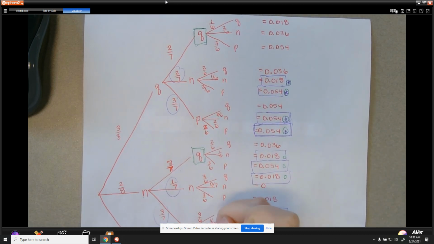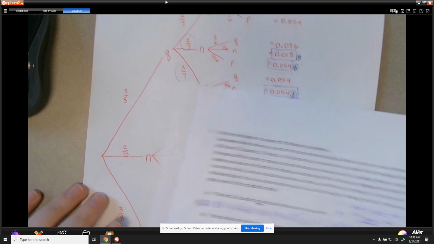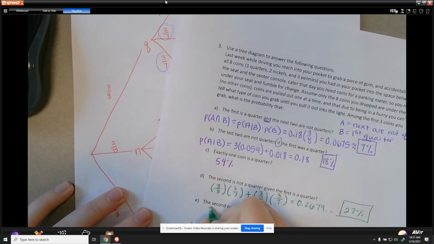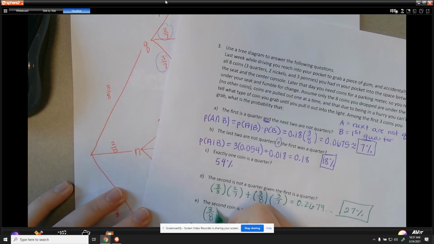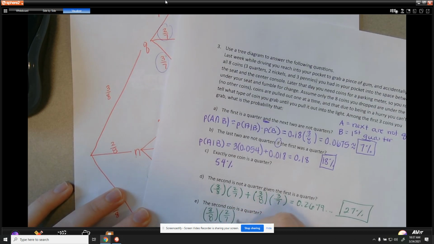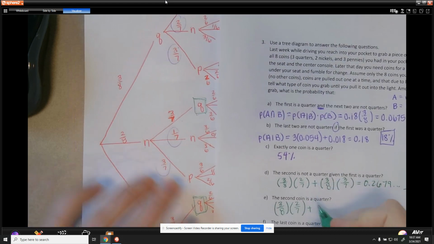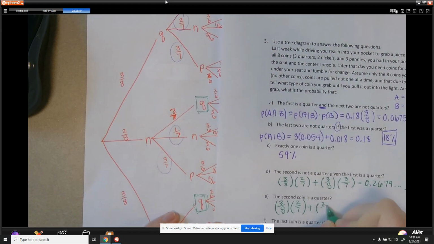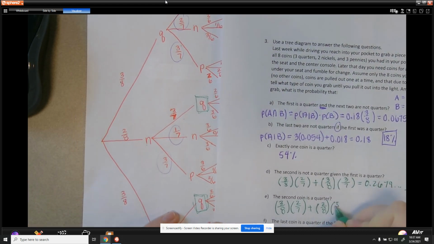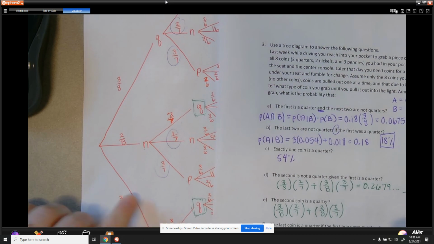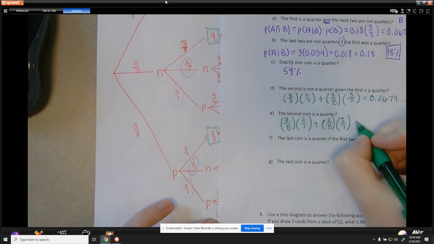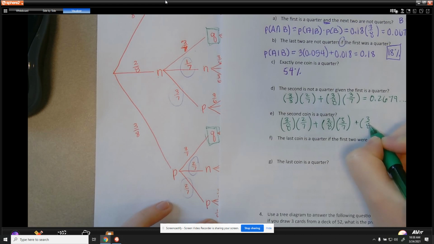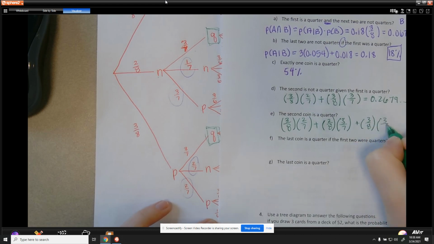So we will add all these up. I could have the first one's a quarter, 3/8, and the second one's a quarter, 2/7. Plus I could have picked a nickel first, so that'd be 2/8 times 3/7. Or I could have gone 3/8 times 3/7.